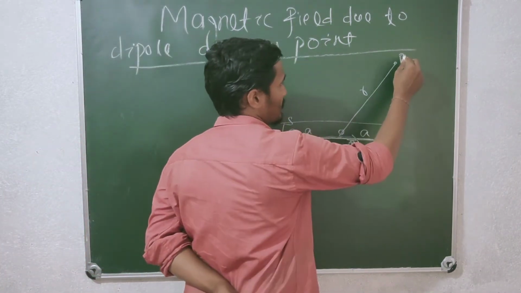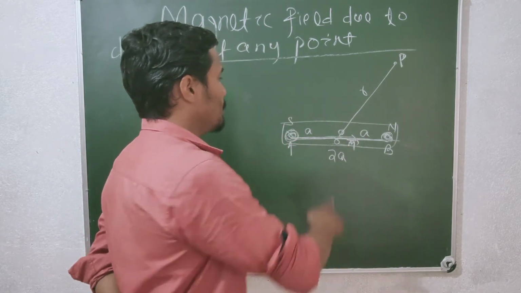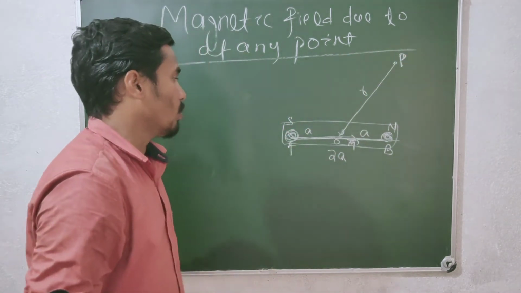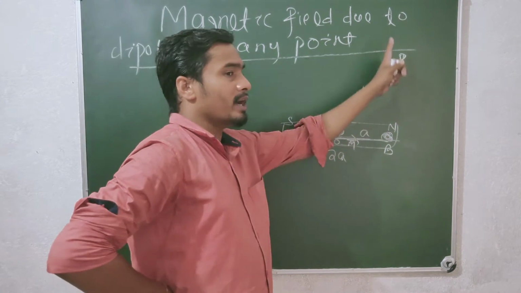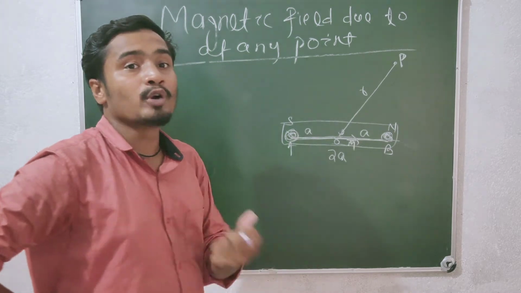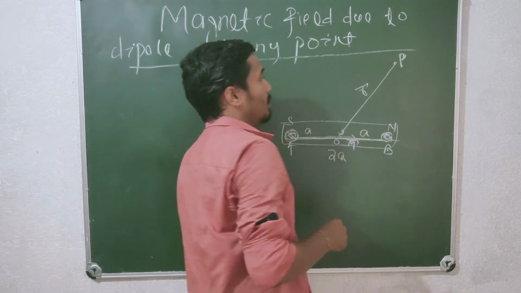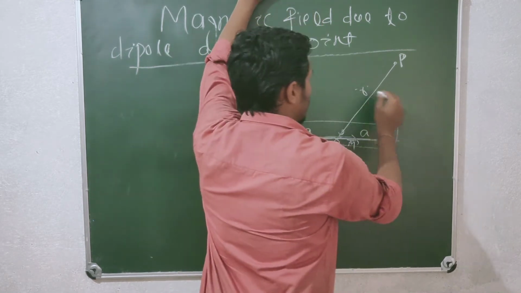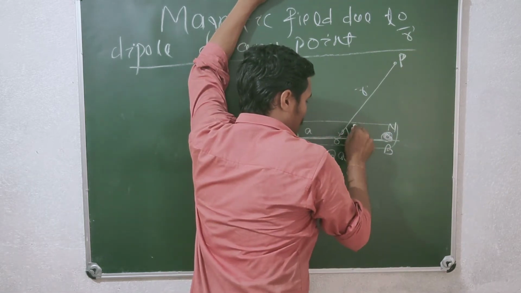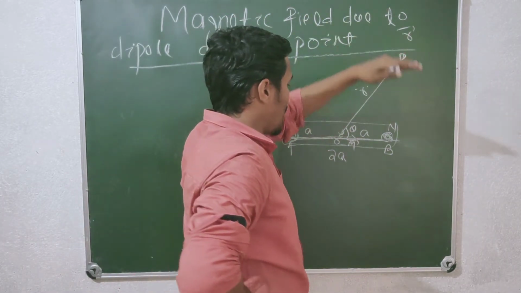Here, if we take O as the origin, then P has position vector r with respect to O. The magnitude is r and the position vector is r vector. Now let theta be the angle between the r vector and the m vector.